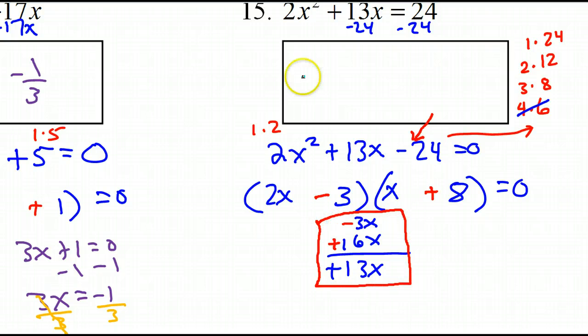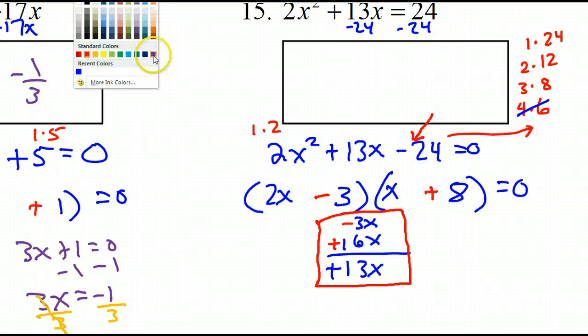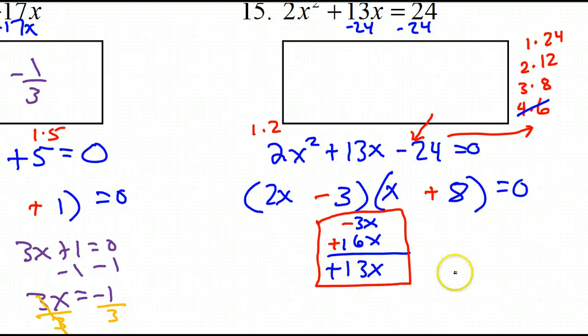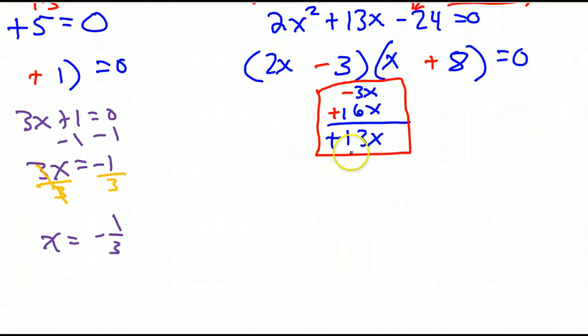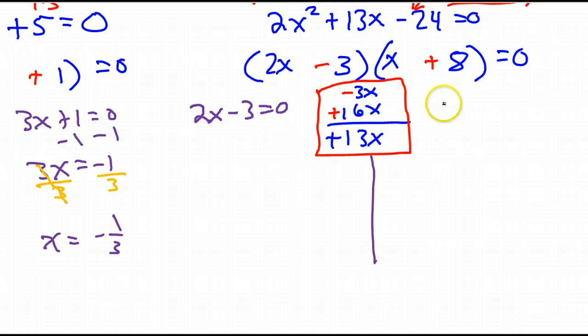Now, doing the zero product property gives me, let's see, 2x minus 3 equals 0, and x plus 8 equals 0.